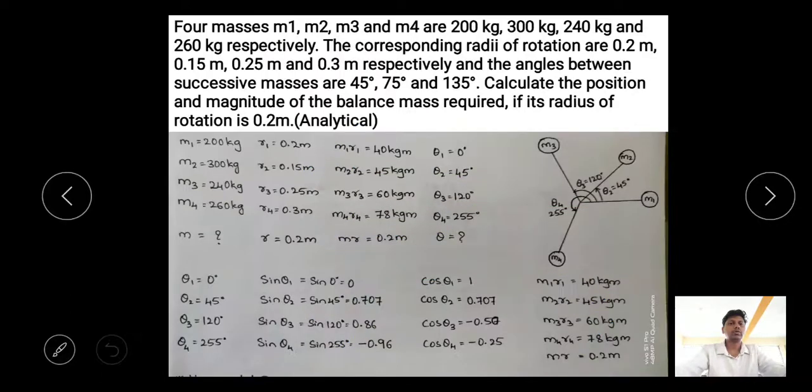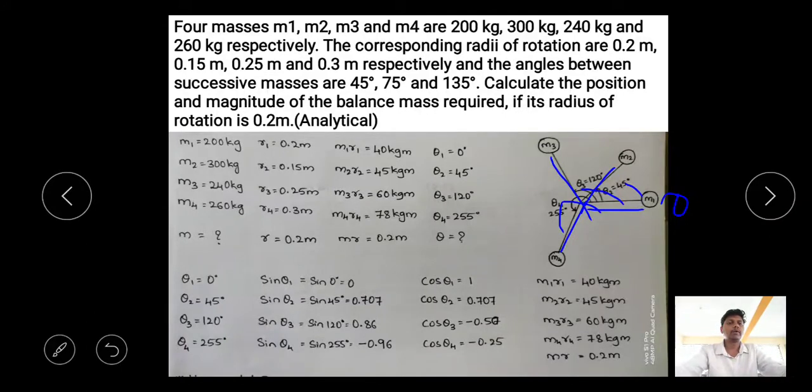Yesterday we have taken these problems. We will be having four masses m1, m2, m3 and m4, which are revolving at different angles. M1 will be always 0 degree, then the second angle for m2 is theta 2, then theta 3 and theta 4.